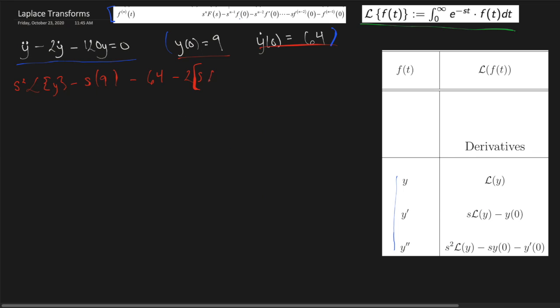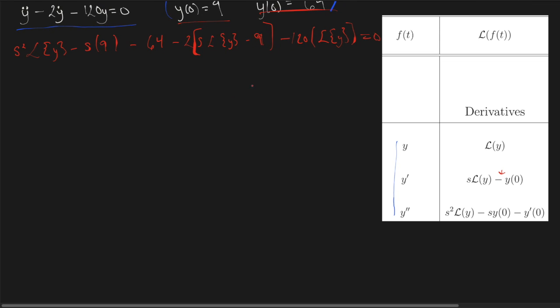So we're going to get s Laplace of y minus 9, which comes from a minus here, and then y naught's value. Then we're going to do minus 120 times, well, it's just Laplace of y. And that equals 0. So now let's try to simplify this and play around with it and see what we get.